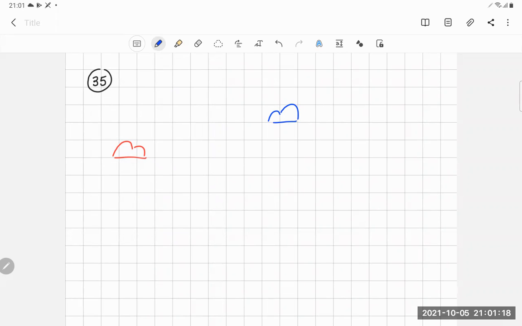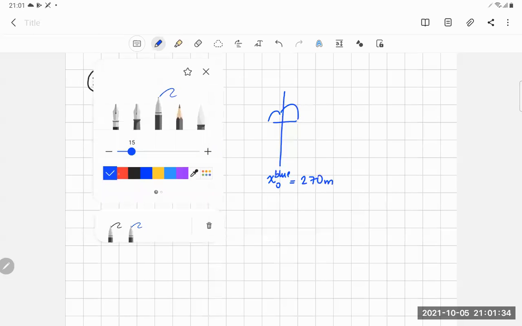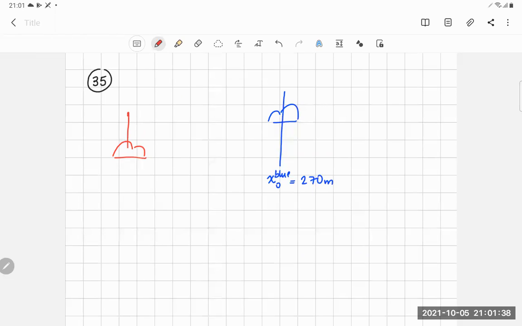They say that the blue car is initially at this position here, which is 270 meters. Okay. And the red car is initially in this position here, which now they don't call 0. They say that this initial position is minus 35 meters.